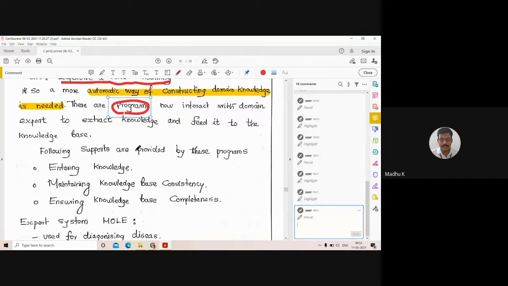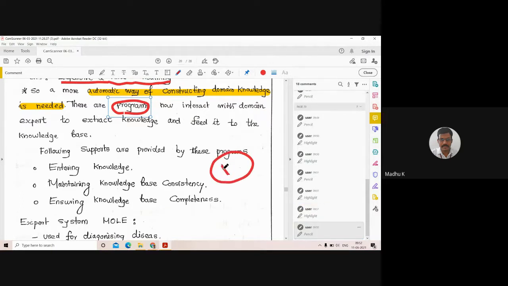The following supports are provided by these programs. A program will do the knowledge acquisition.